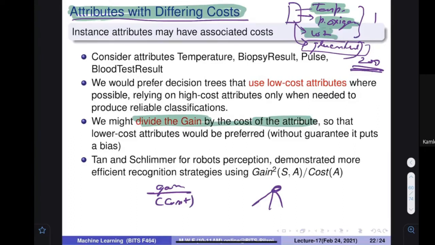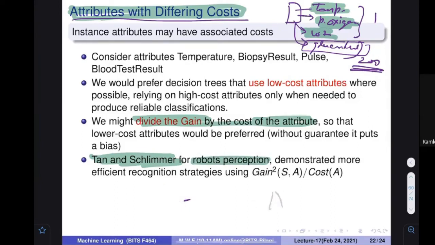Another method is from Tan and Schlimmer, who had the robot perception task. What was the robot perception task? There was a robot, and in a box some item was there, and the robot was going to tell what the item is. There are various sensors: a camera, a sonar, and different kinds of sensors available.